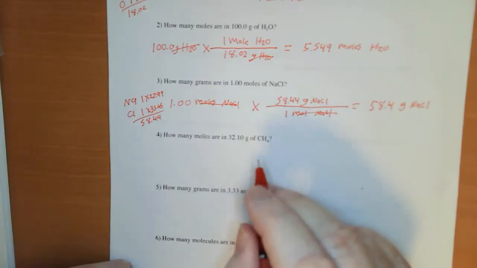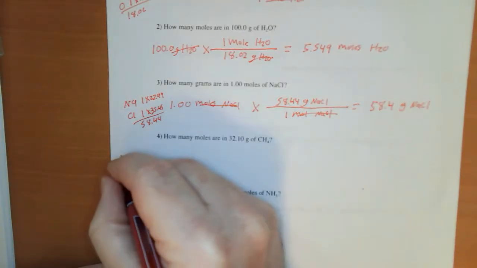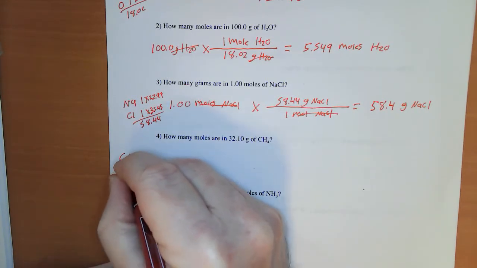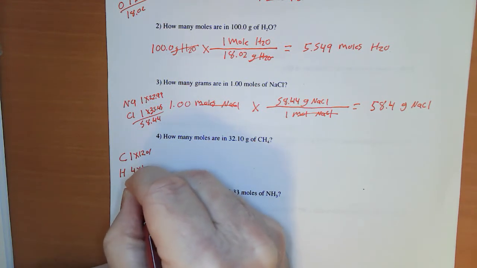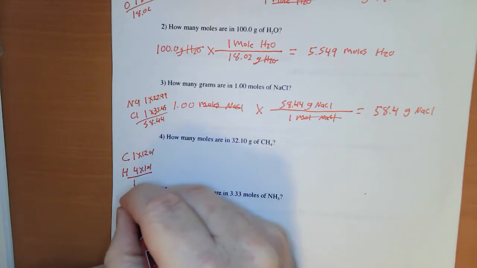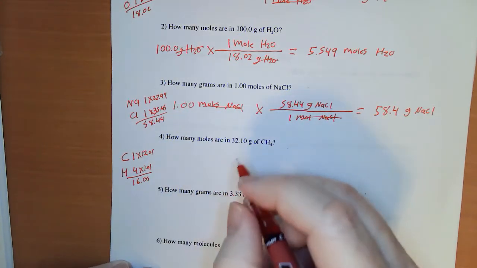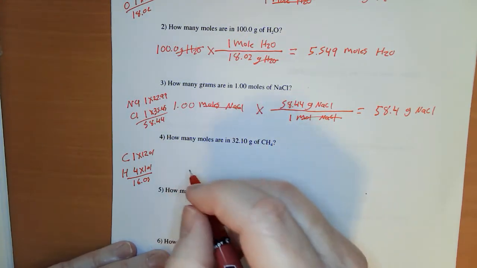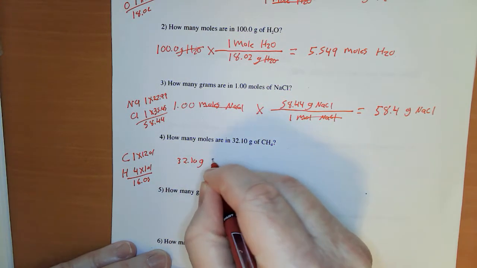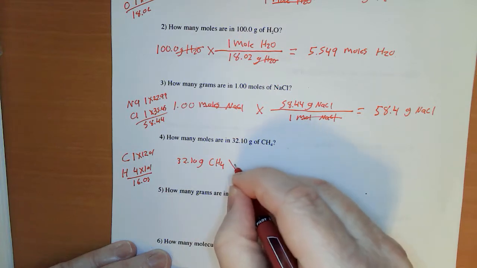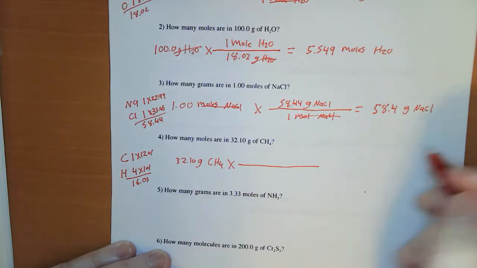We're going on to a new one. It's called methane, CH4, carbon, hydrogen, 1 times 12.01, and 4 times 1.01, 16.05. All right, so I have 32.10 grams of CH4, and I want to convert that into moles.